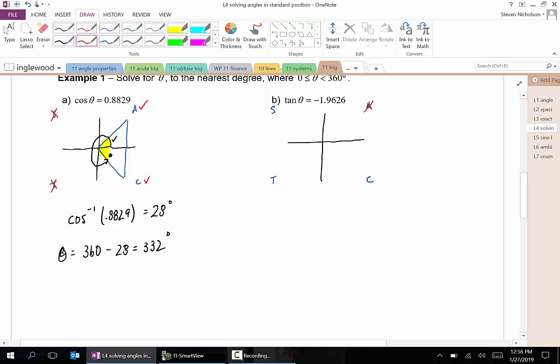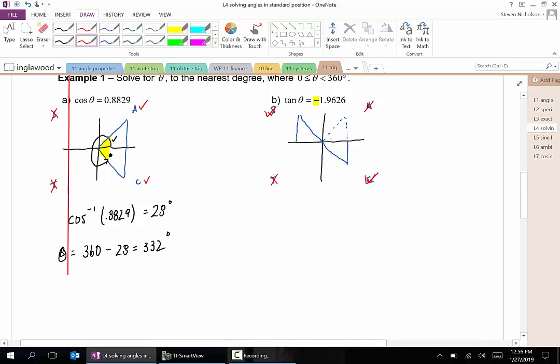Well, we don't want a positive ratio, so that means the tangent ratio will be negative, sorry, in the second and the fourth quadrant. So I'm just going to draw this basic picture right here. It doesn't have to be perfect, but when we push our button, our calculator is going to tell us the answer to this one right here. So what we want to do is disregard this negative. That negative gives us this information. It tells us the answers here and here.